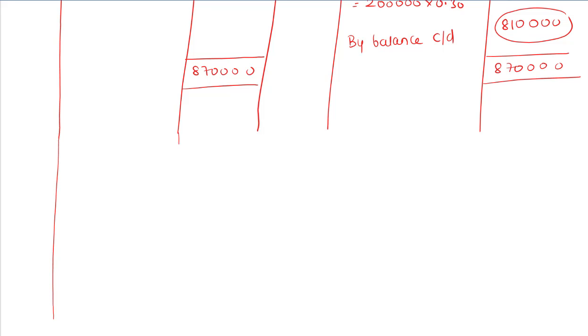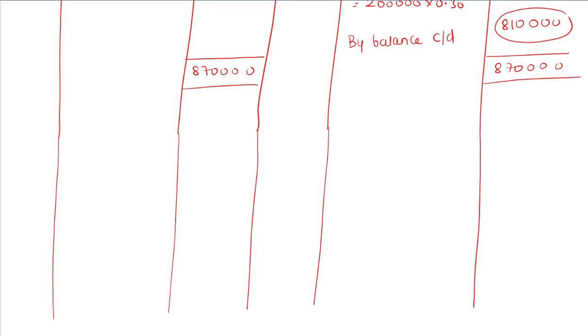Stretch these lines. 8 lakh 10,000 for 2016. 1st January 2016, to balance brought down 8 lakh 10,000.